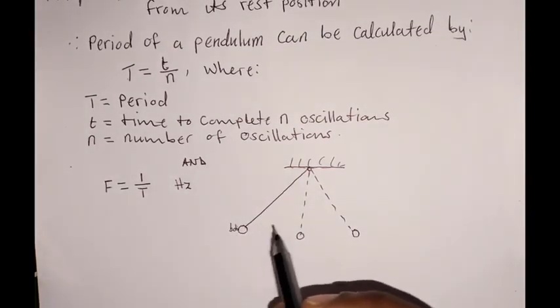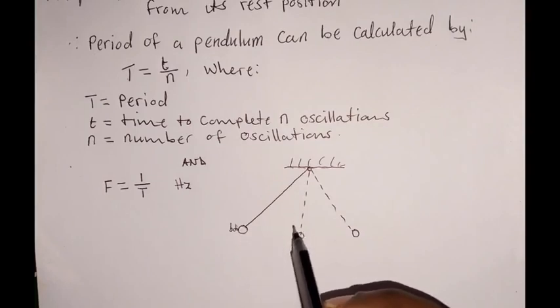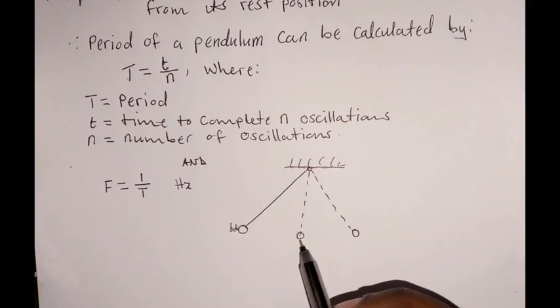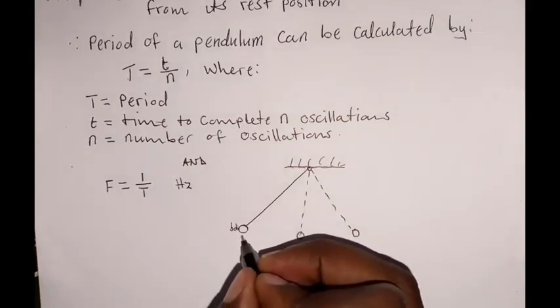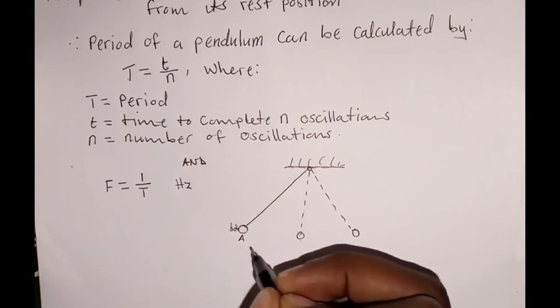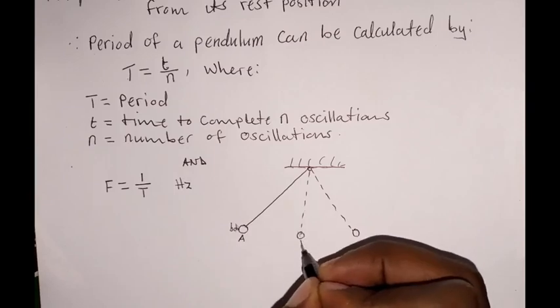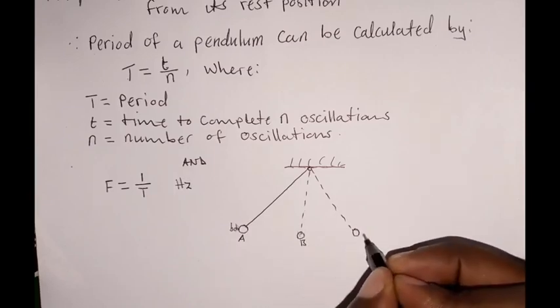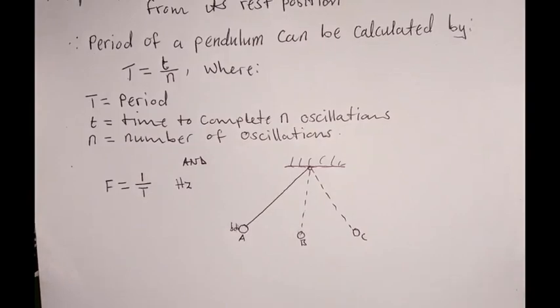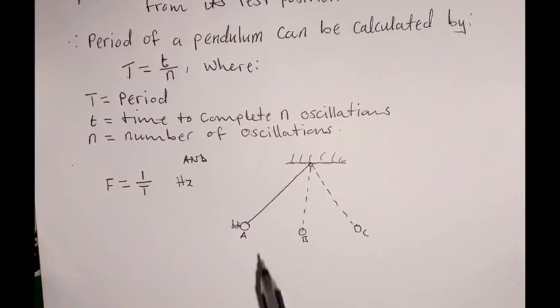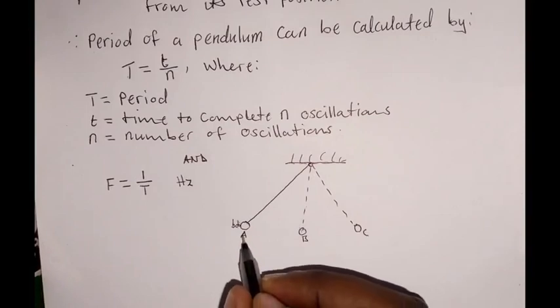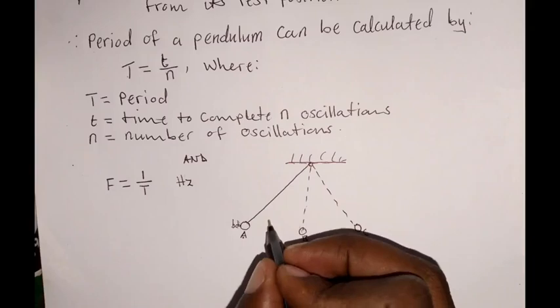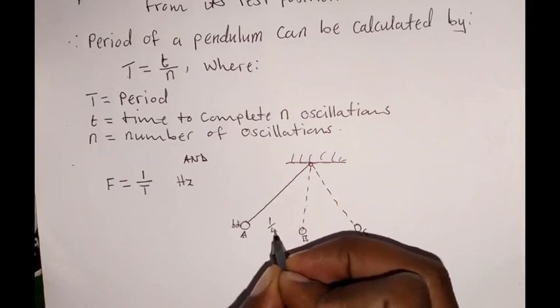Once the bulb has been moved from this original position to this position, it is able to move from point A to point B and also point C. Now to find the number of swings the bulb makes, moving from point A to point B is 1/4.